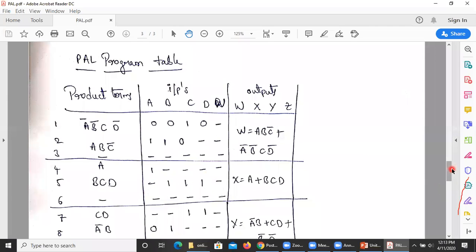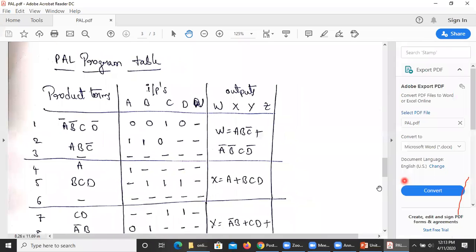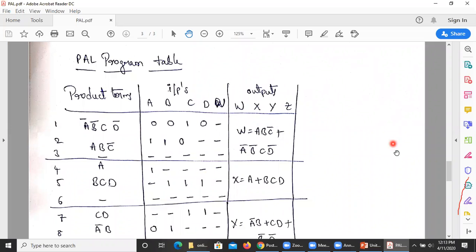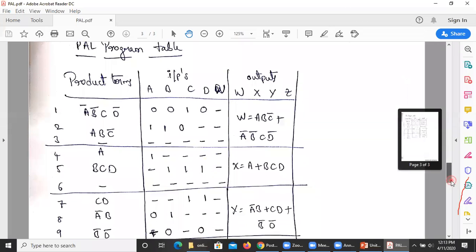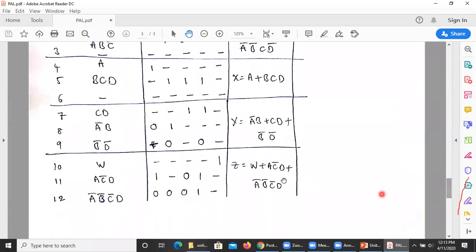In the same way, we write for Y and also for Z. Now when we are writing Y, Y uses AND gates 7, 8, 9 with product terms CD, A bar B and B bar D bar. So C D are ones and all the remaining are hyphens. A bar B: A bar is 0, B is 1 and the remaining are hyphens. And B bar D bar like that. So we are going to get the Y equation.